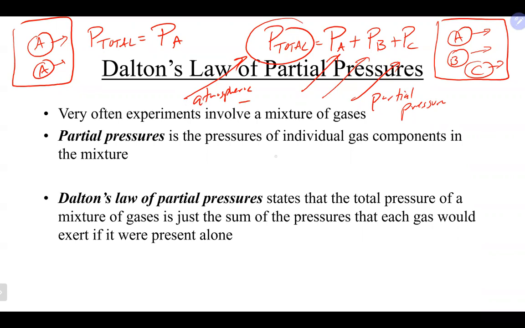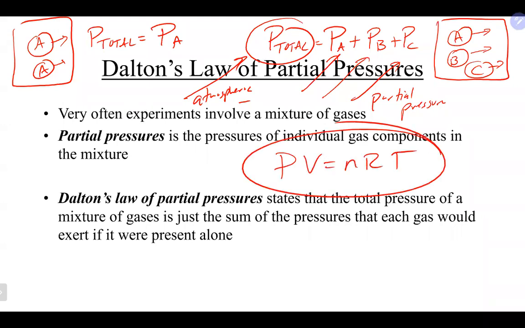In most cases, it is our good friend here, the ideal gas law, which is PV equals nRT. And because this is an ideal situation, even though there are multiple gases in there, we could just solve for P for each gas individually.